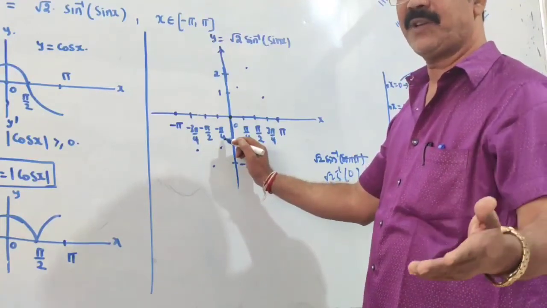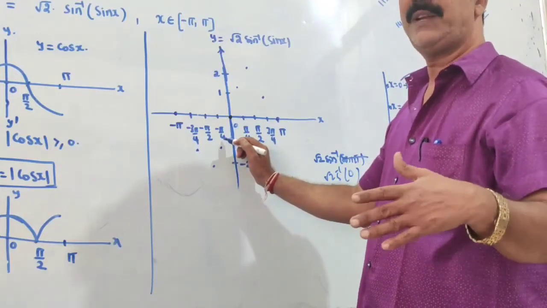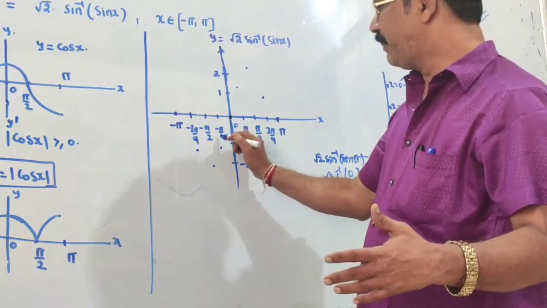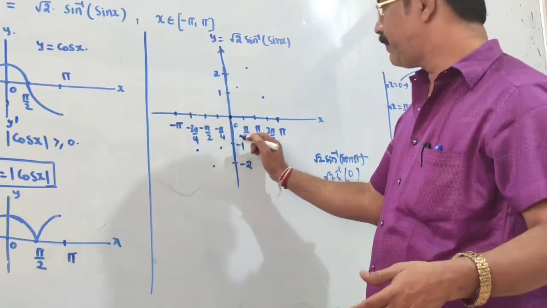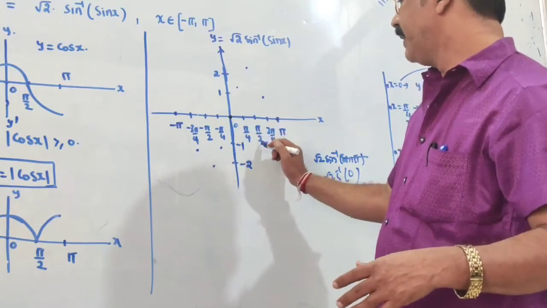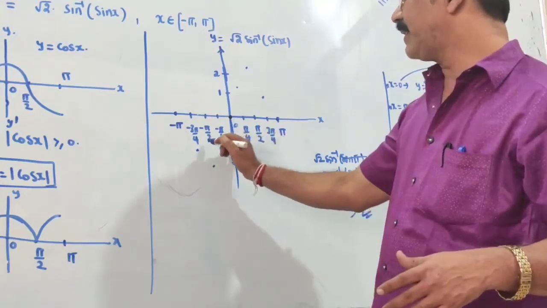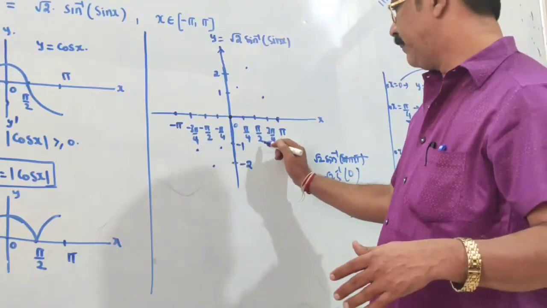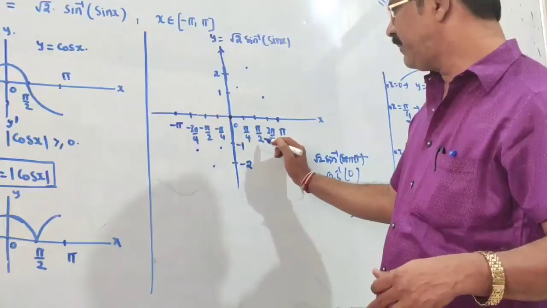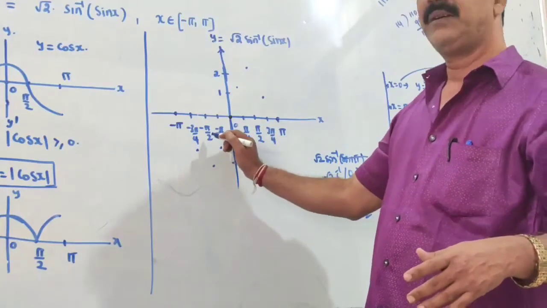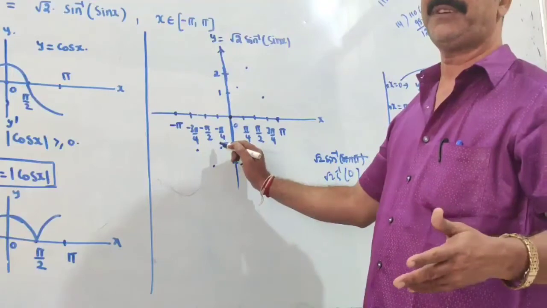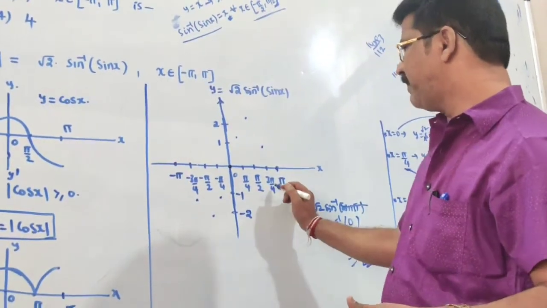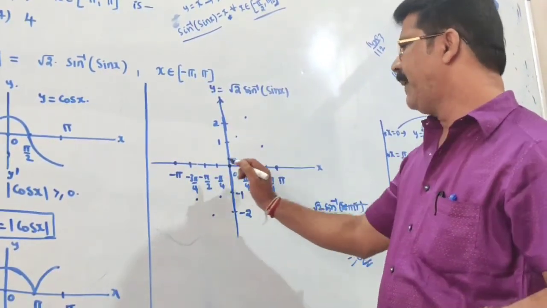In the examination hall, to save time, it is very easy to plot minus pi by 4 while we know plus pi by 4. Similarly, for x equal to pi by 2, we can easily represent minus pi by 2, because if the positive value is known, the other is the negative value. So it is easy to represent in the graph. Similarly, 3 pi by 4, minus 3 pi by 4, plus pi, minus pi.